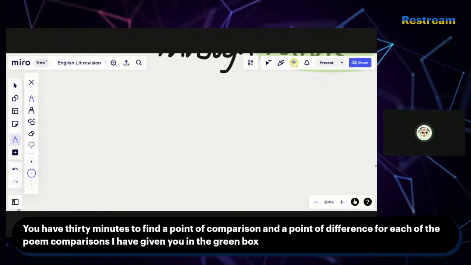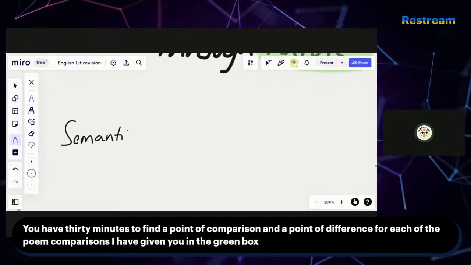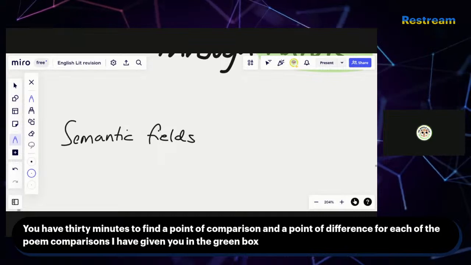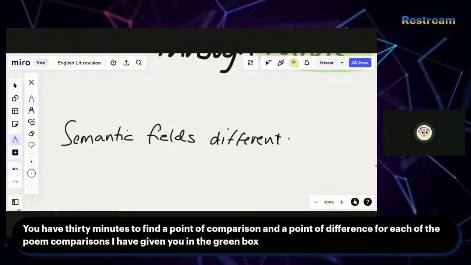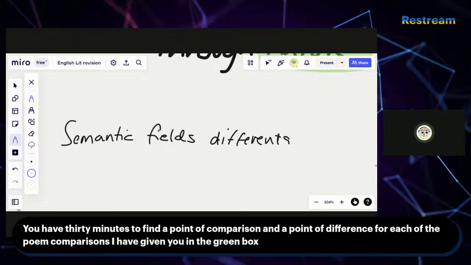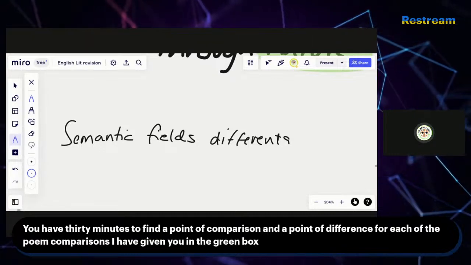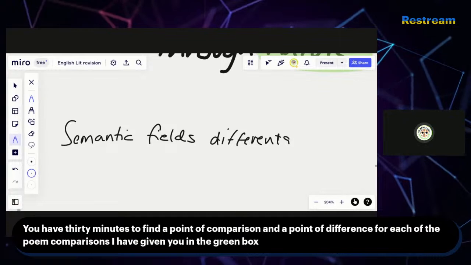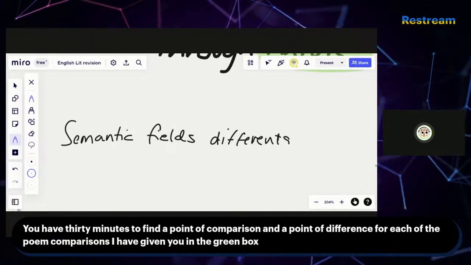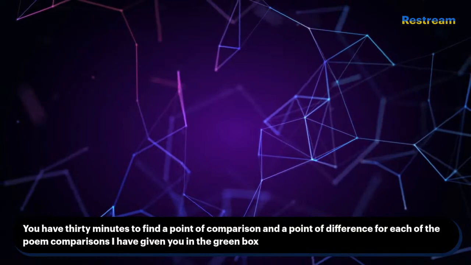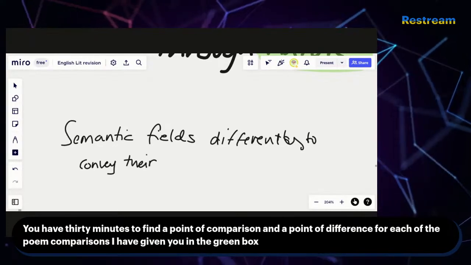So we get this idea that both poets use semantic fields, and these semantic fields are used differently to express their portrayals of love. So both use semantic fields to convey their portrayal of love.